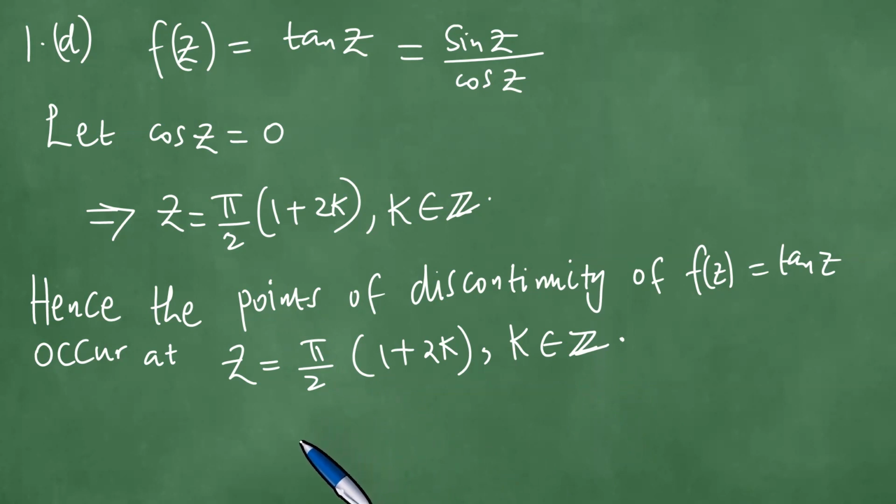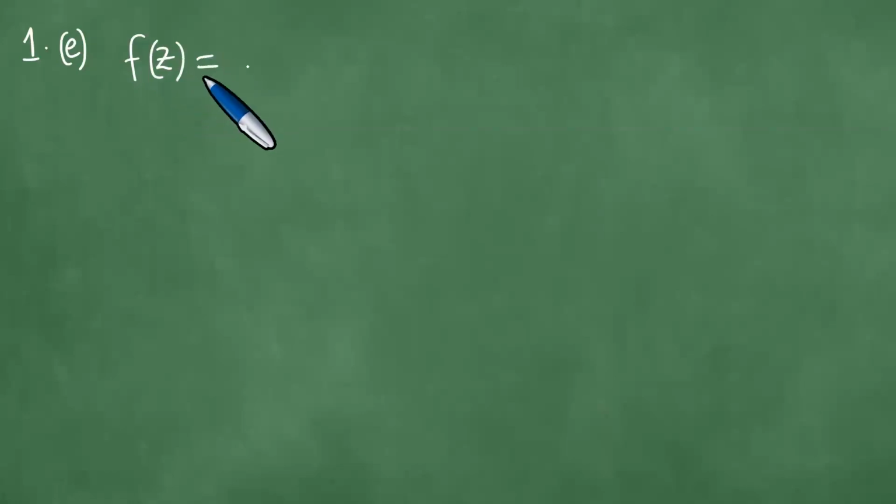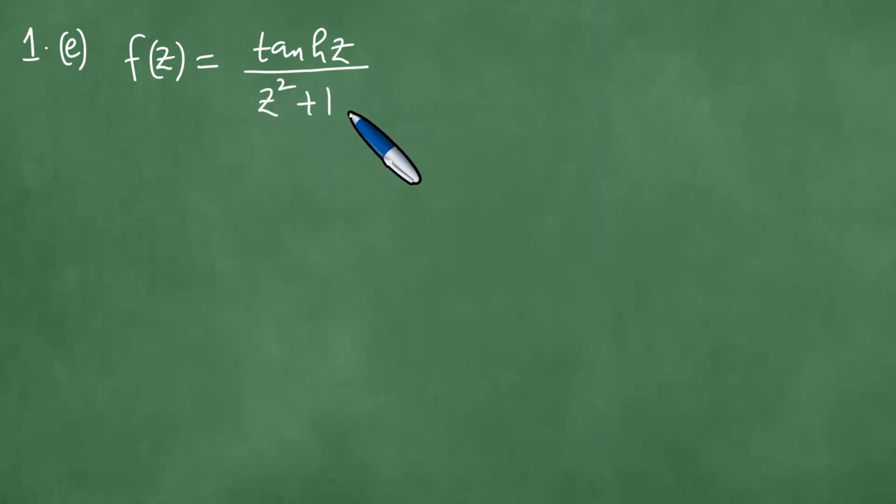As you saw in the beginning, 1e is as follows. Right, next we focus on 1e. What is 1e? f of z is equal to the hyperbolic tangent of z divided by z squared plus 1, like this.